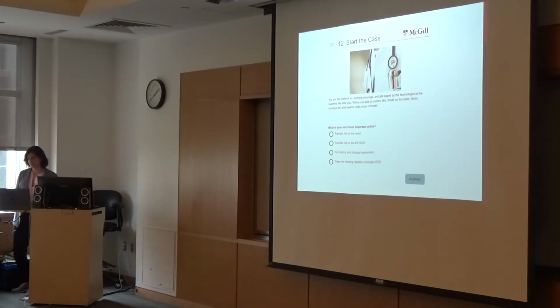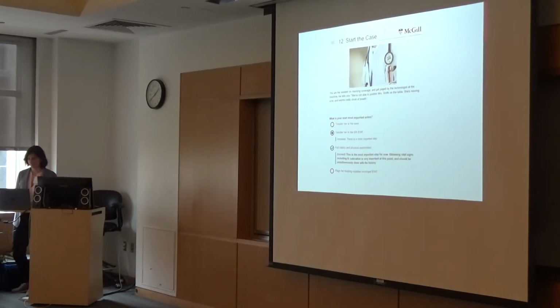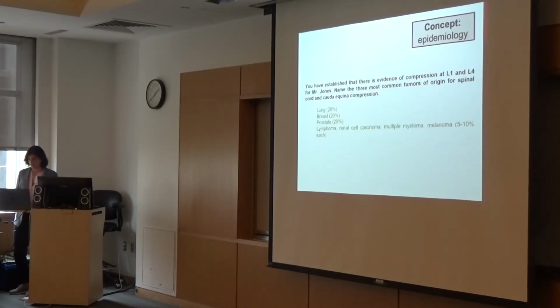There are multiple choice questions, free text questions, and true or false questions, and they go about 25 to 30 screens or notes per case, and take about 30 to 45 minutes to complete each. There's automatic immediate feedback, so if the question is wrong, the right answer shows up. This is an example of a short answer or free text, so this is the answer that comes up immediately after they've entered the answer in the text box.